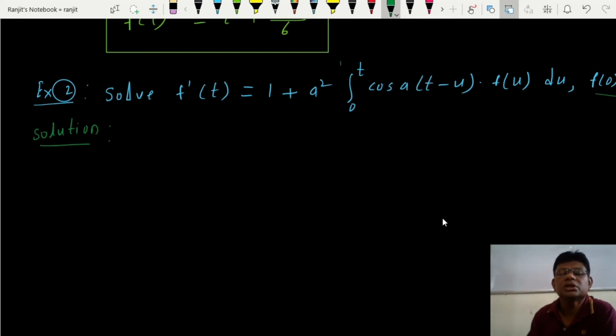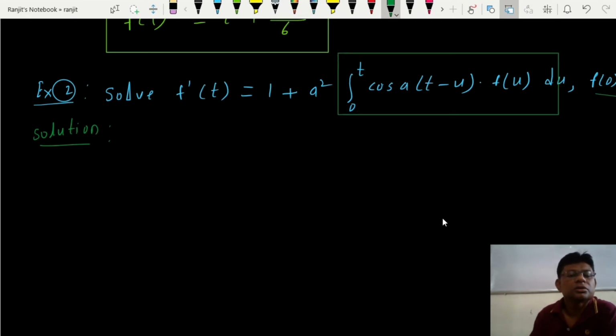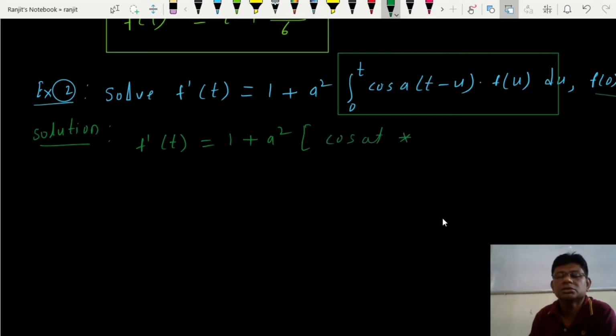Now by using the definition of convolution, this f prime of t is equal to 1 plus a square, and this integral be the convolution of cos at star f of t, means convolution of cos at and f of t.